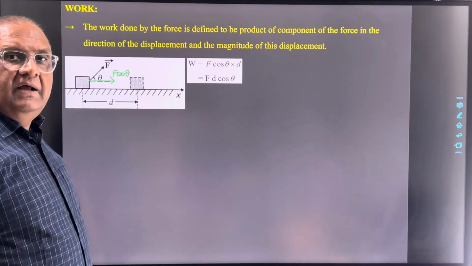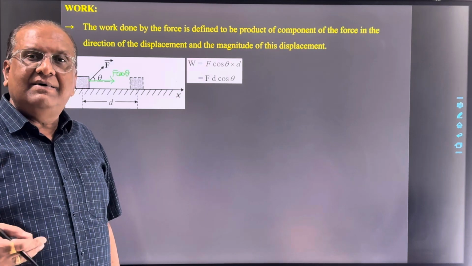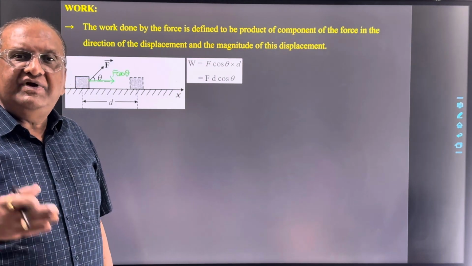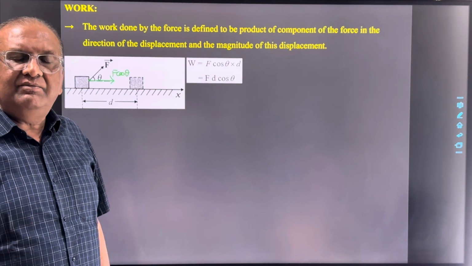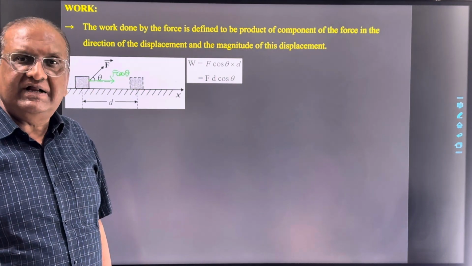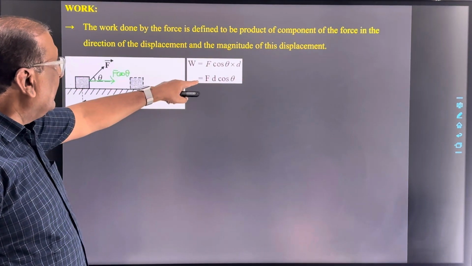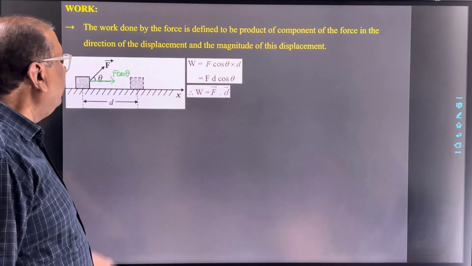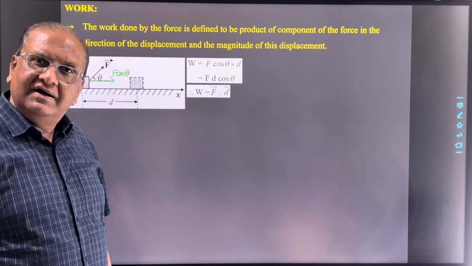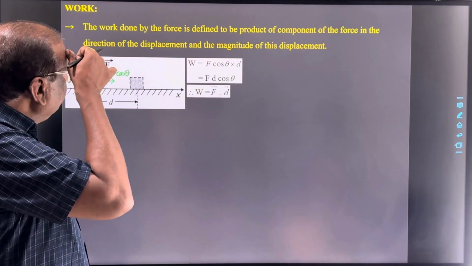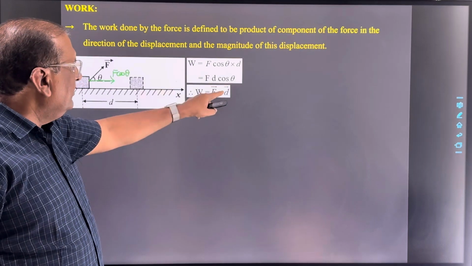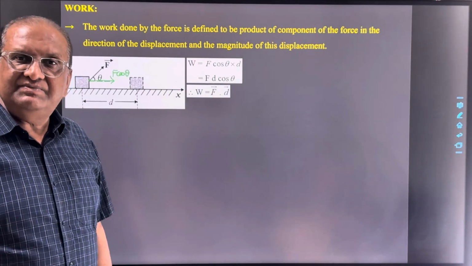Now, we already studied the dot product of two vectors. Suppose we take vector A dot vector B, then that is AB cos theta. Similar to that, we can write FD cos theta as vector F dot vector D, right? Now, the unit of force is Newton and the unit of displacement is meter.